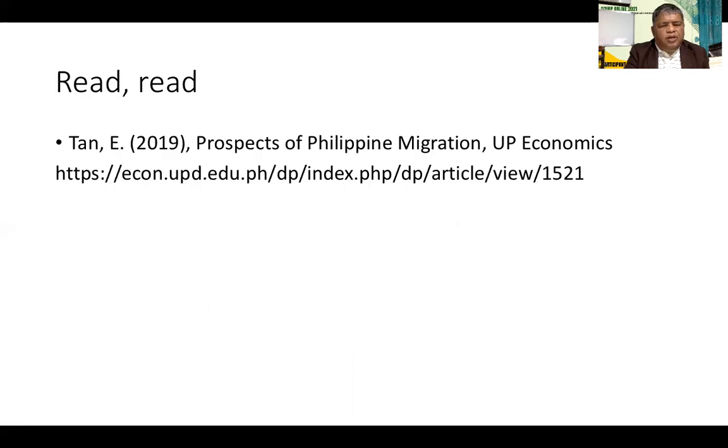So for the next one, if you want to study further, you can read Tan-E, The Prospects of Philippine Migration, under the UP Economics. And then try to read the reference book on this topic, population and migration.